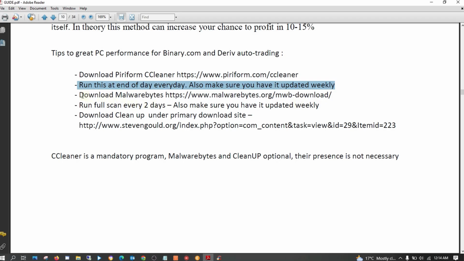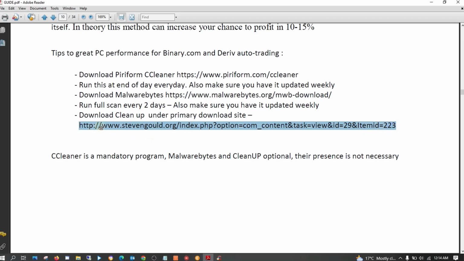Okay, so download Malwarebytes from this. This is an antivirus. Run a small scan of 2 days and update it weekly. So this is also an antivirus, and is also good. Download Cleanup from the primary download site. Now you can download it from here.